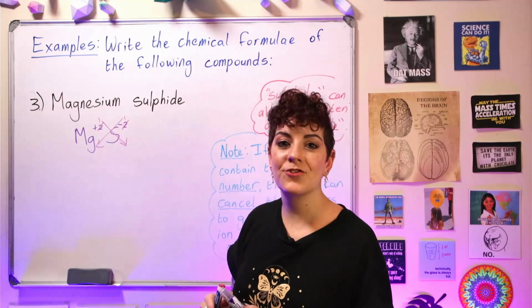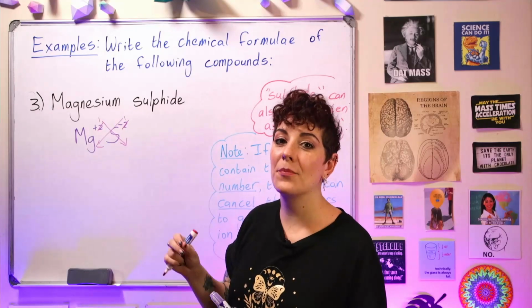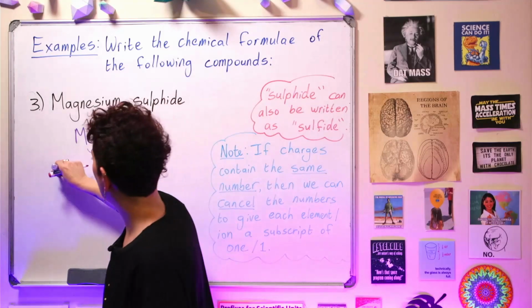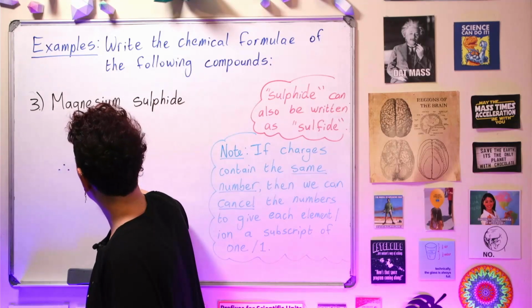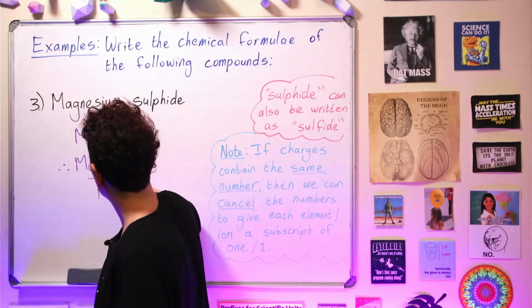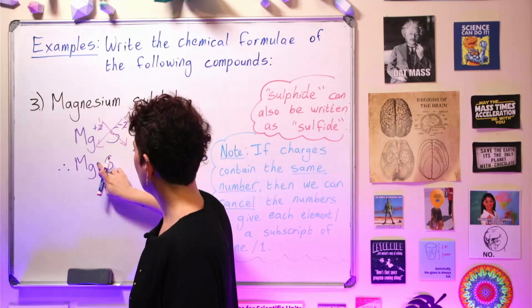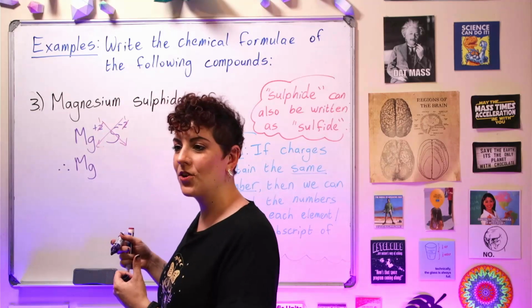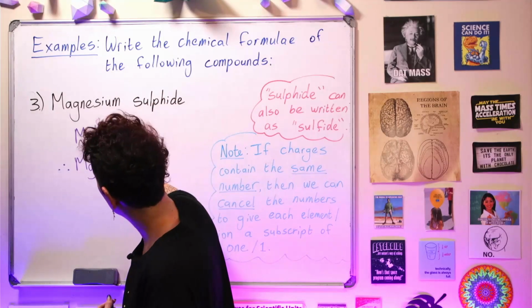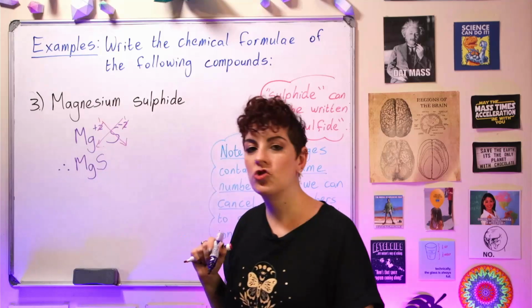And now we can write the final formula of magnesium sulfide. So magnesium sulfide is therefore going to have 1 magnesium and 1 sulfur. But remember, we don't show the 1's in chemistry. And so the final chemical formula would just be MgS.